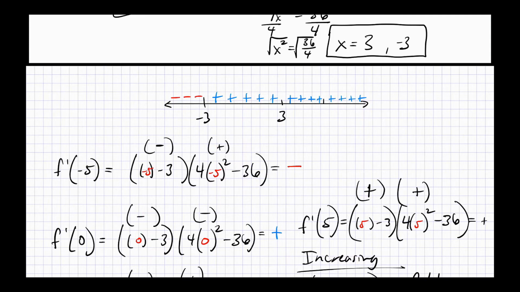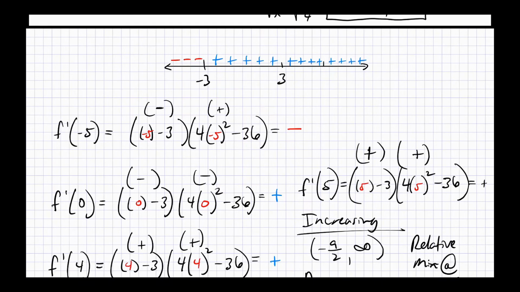Okay. So I plugged in -5. When I plugged in -5, because -5 is less than -3, I got a negative number. When I plugged in 0, which is in between -3 and +3, I got a positive number.